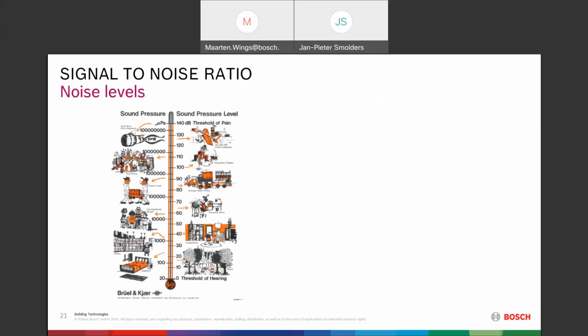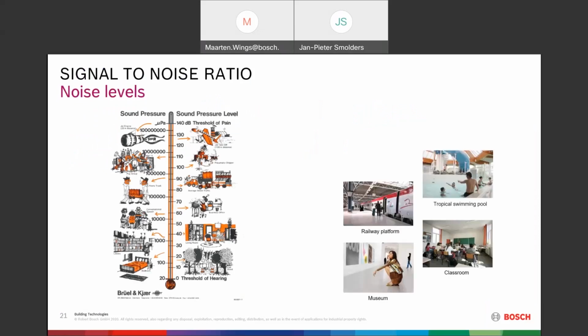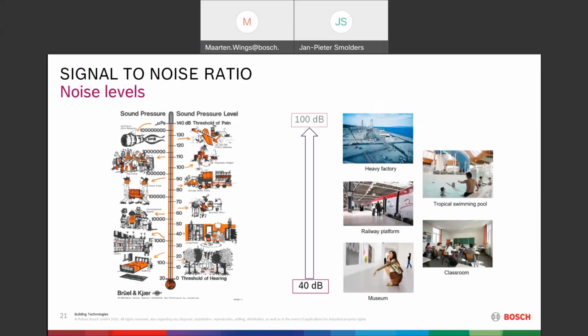Signal to noise ratio. Different environments have different noise levels. You can imagine, for instance, here in the pictures on the right, the museum is very quiet. There is almost no noise. While in a railway station or swimming pool, the background noise levels are pretty high. Then if you go to a factory, for instance, that could go up to 100 dB or more.